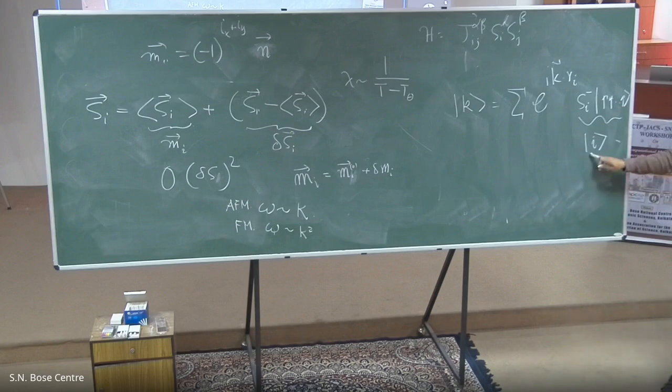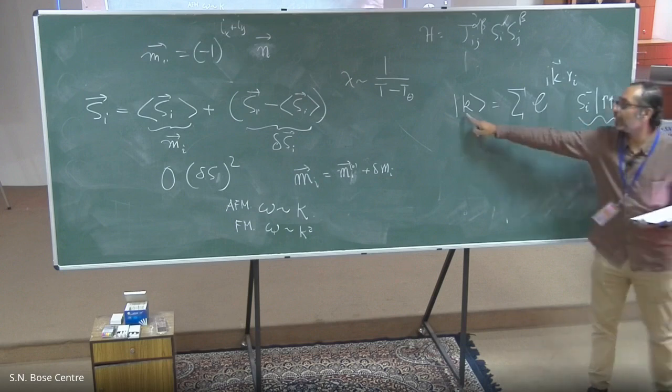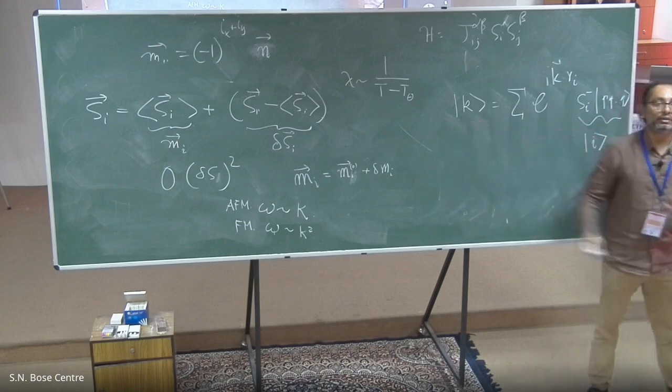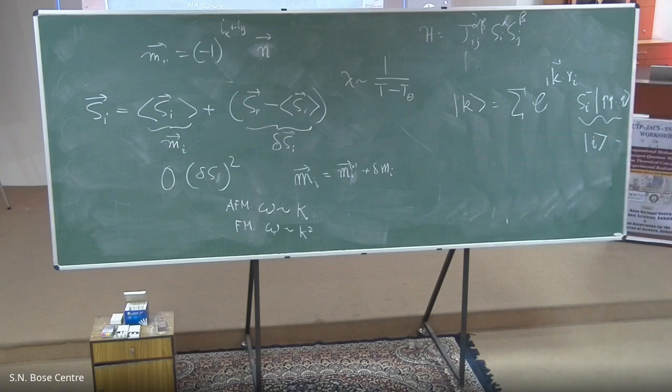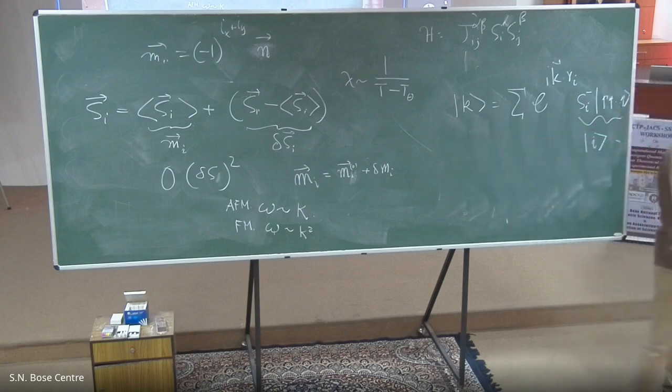So you take the ith spin down and propagate it, superpose it at momentum k. That's how you get the Bloch states of the spin waves, and those are the degrees of freedom at low energy.